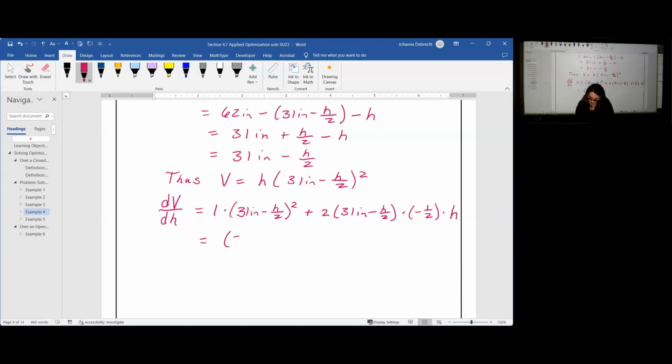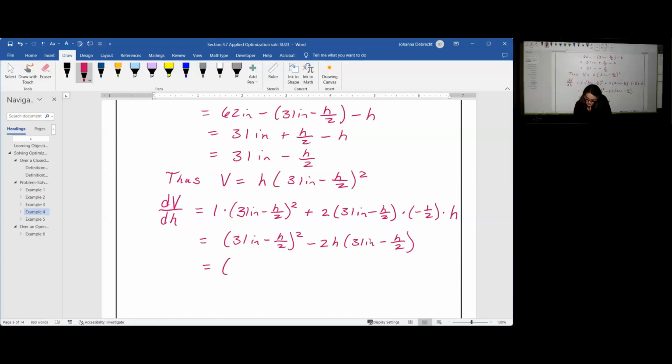I have (31 inches minus H over 2) squared minus 2H times (31 inches minus H over 2). Instead of multiplying it out fully, because I know I'm going to set the first derivative equal to 0, I can factor out that binomial as a common factor.